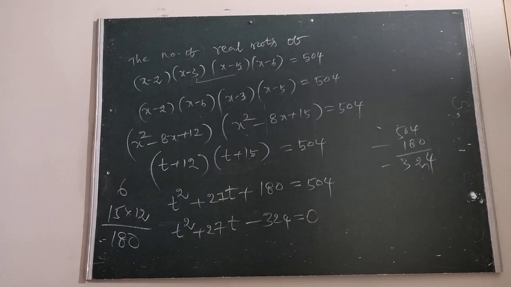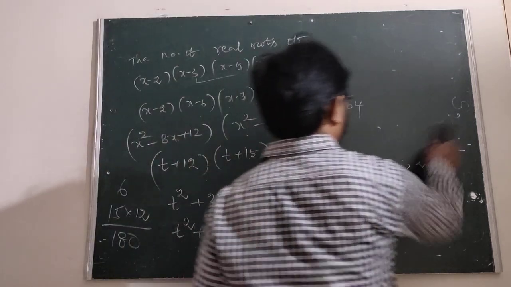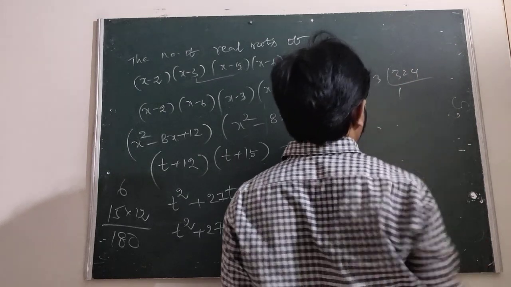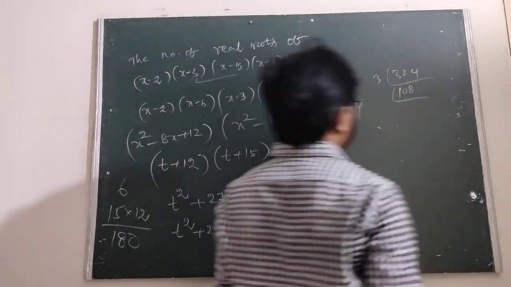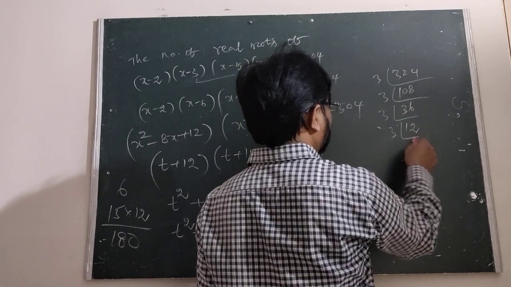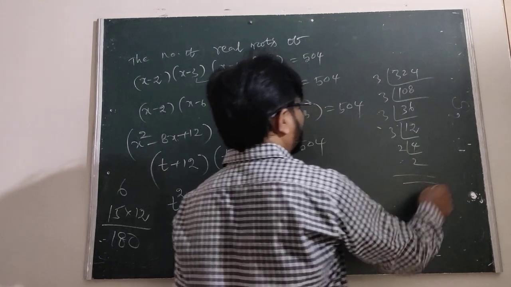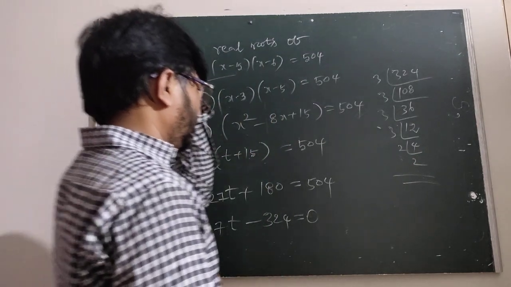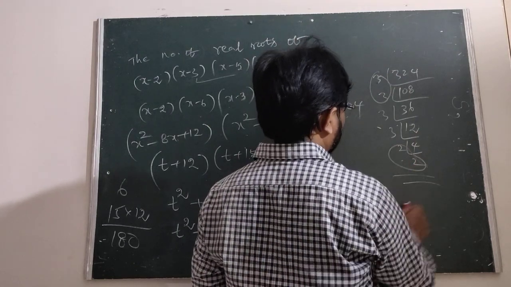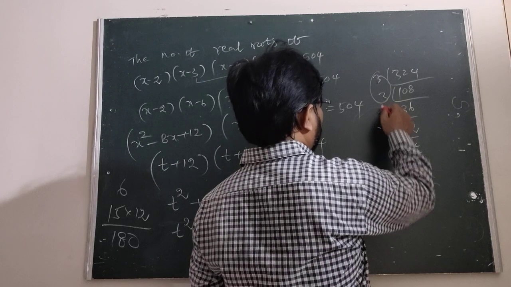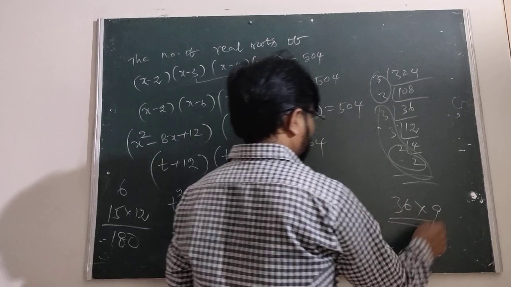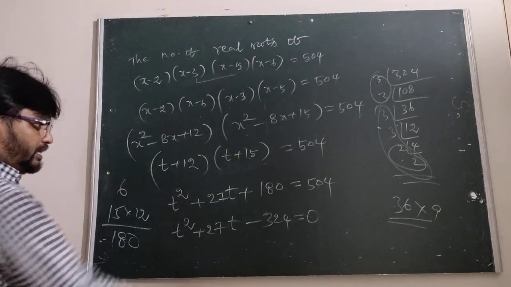Now this can be expanded into factors. 324 is 3 into 3 is 9, 9 into 4 is 36, into 9. 36 minus 9 is 27.